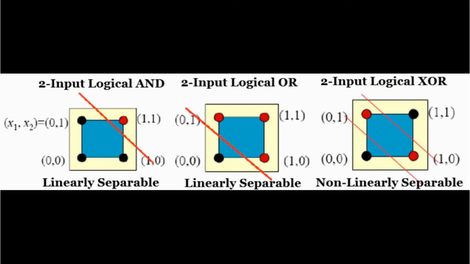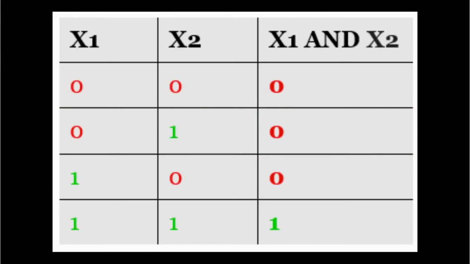Okay, let's do a super simple example. This is the truth table of the AND logical function, which, as we said, is linearly separable. And let's train a model, a perceptron, which can fit it. Since we have two inputs, we can call them features. We need two weights and one bias.